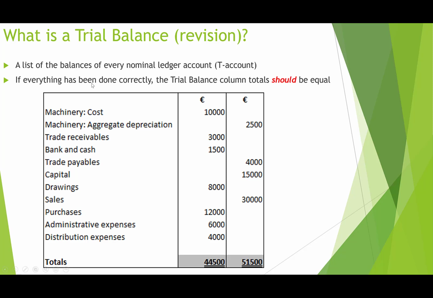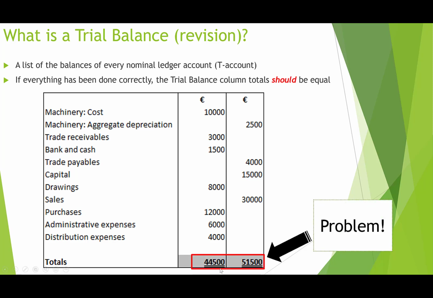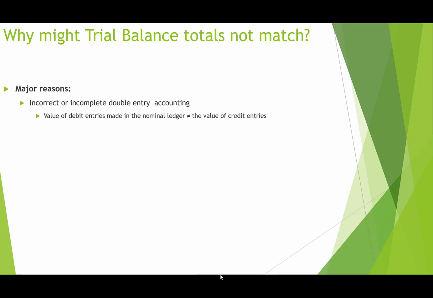As it says here, if everything has been done correctly, the trial balance column totals should be equal. Now we have a problem here. You can see that we've got 44,500 against 51,500. That's not what we expect. We don't know which is right, maybe neither is right, but in any event, it's a problem that needs to be addressed. And that's where suspense accounts come in. We would need to identify what went wrong and fix it.